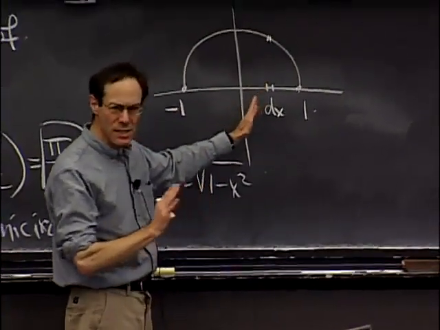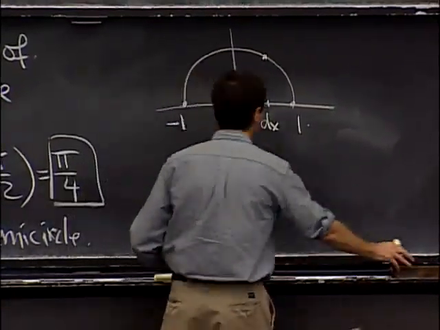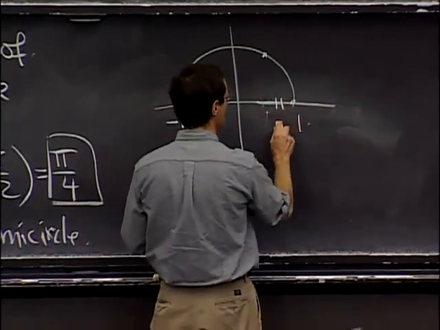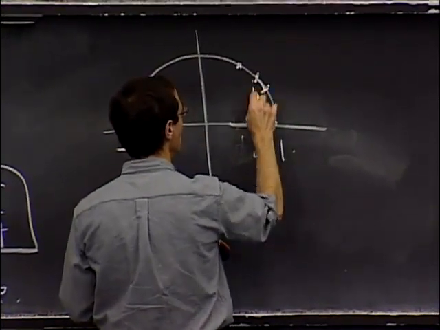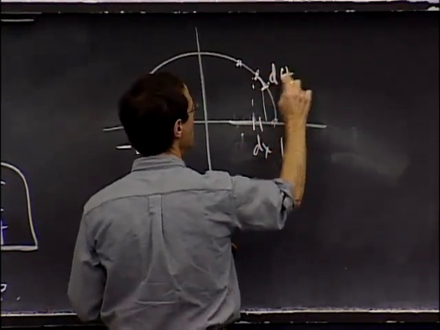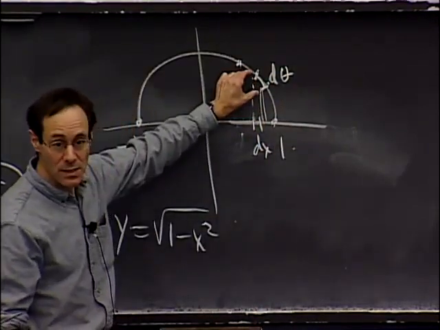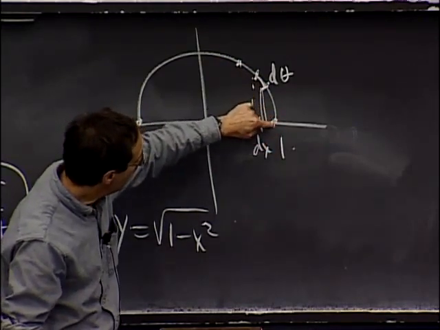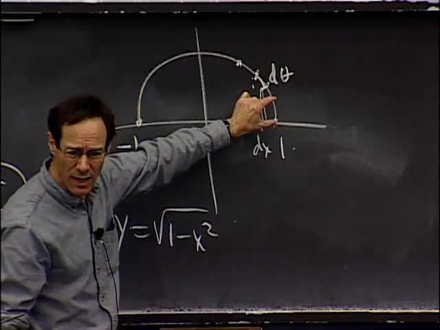All right, so now let me show you that it's not quite the same here. It's especially exaggerated if maybe I shift this little interval dx over to the right-hand end. Then you can see that the little portion that corresponds to it, which is the d theta piece, has a different length from the dx piece. And indeed, as you come down here, these very short portions of dx length have much longer portions of theta length.